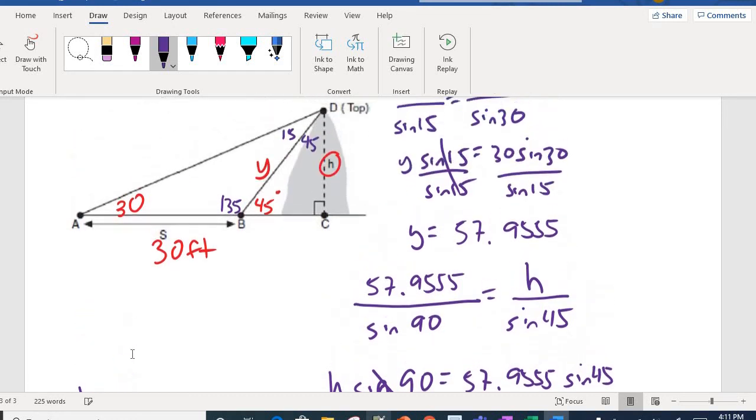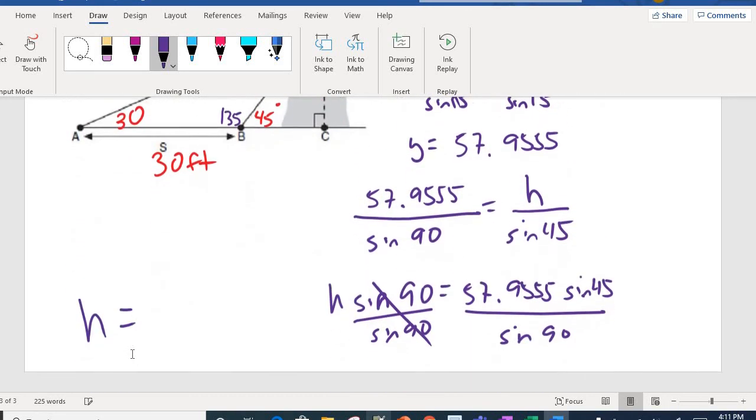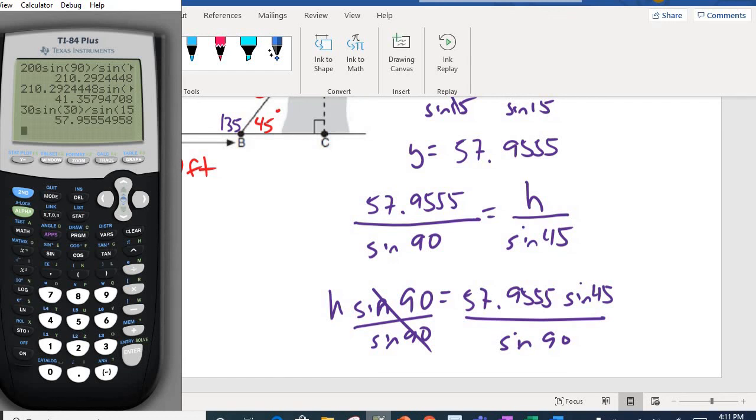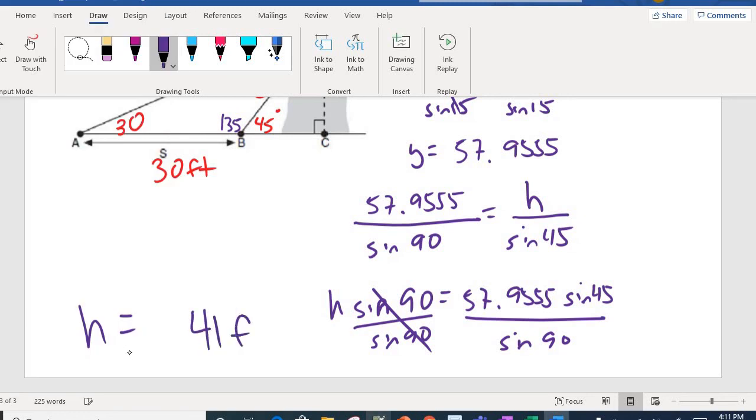And they want this answer to the nearest foot. Okay, so here we go. I'll go up, enter. So I got the real number times the sine of 45, divided by the sine of 90. All right, so this should be H is about 41 feet.